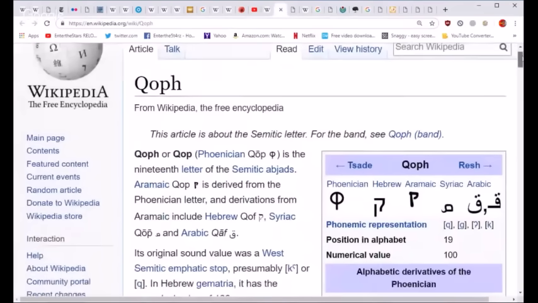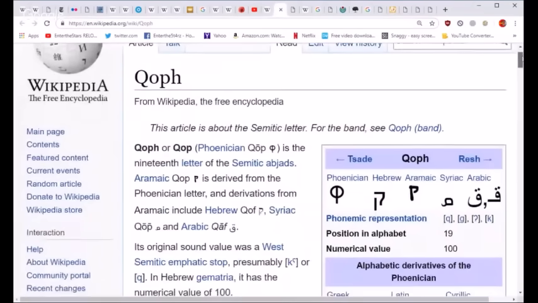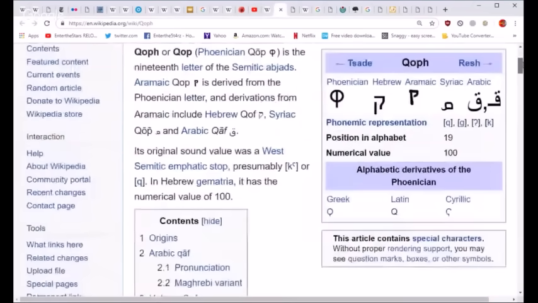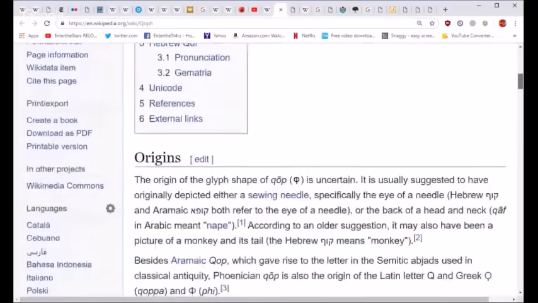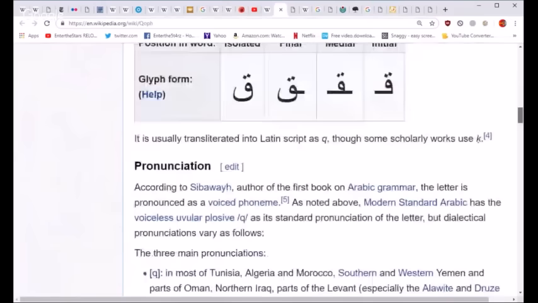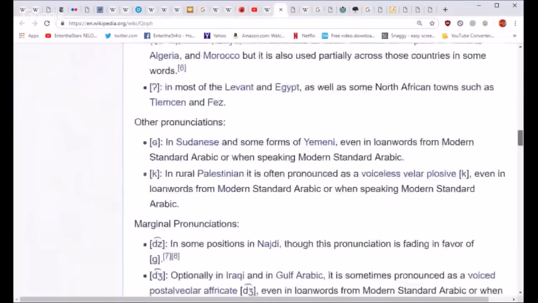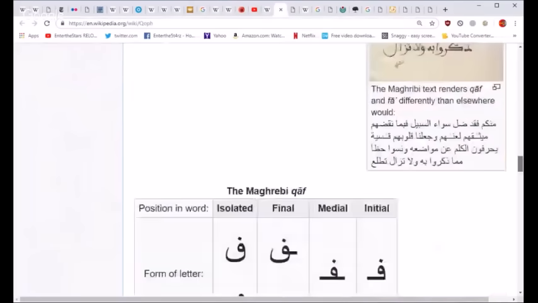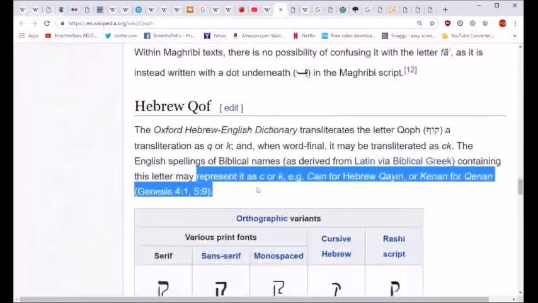Now this is Qoph. This is the Phoenician, as I showed you a little bit earlier. And they confirm what we were talking about: Cain. It represents the C or the K, e.g. Cain for Hebrew, Cain or Kenan for Kenan, out of Genesis 4:1.